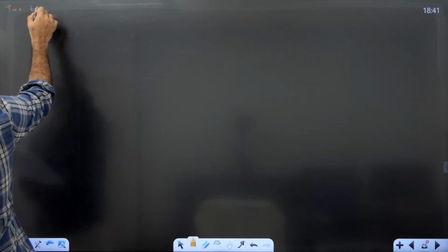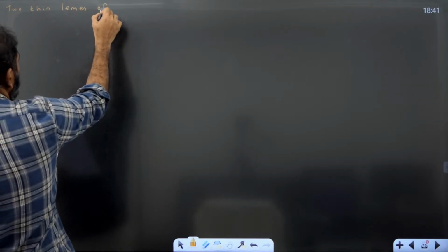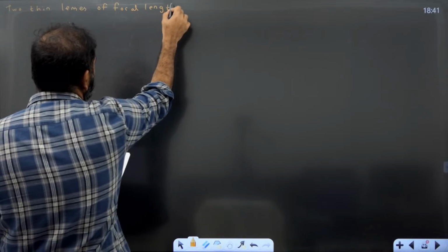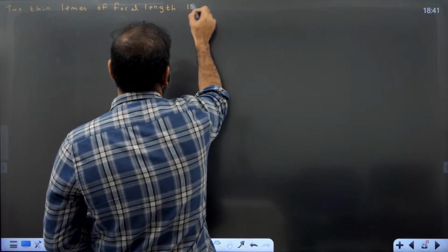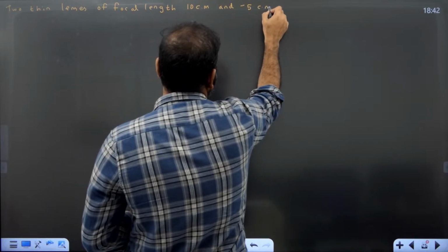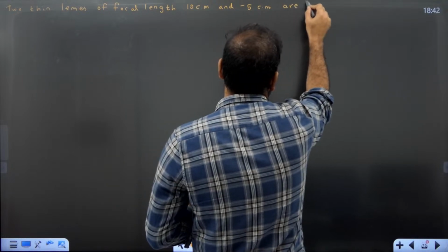Two thin lenses of focal length 10 centimeter and minus 5 centimeter are kept in contact.